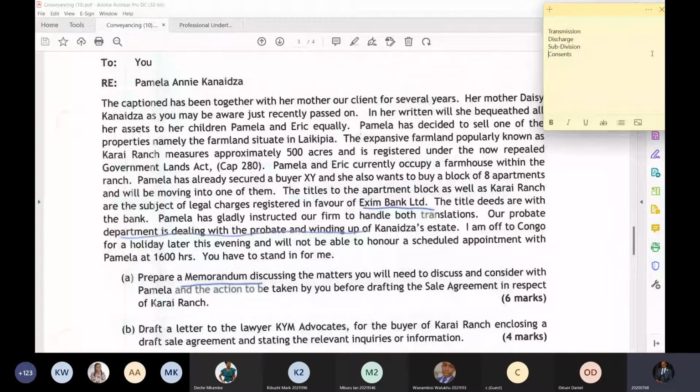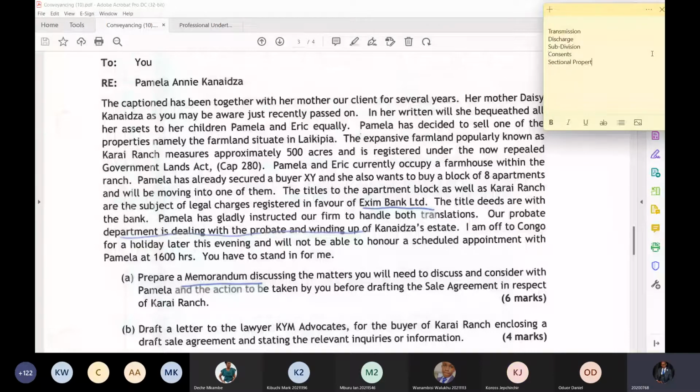Okay. Go on, explain. Actually, to buy a block of 8 apartments. These are apartments. Yeah, sectional properties.